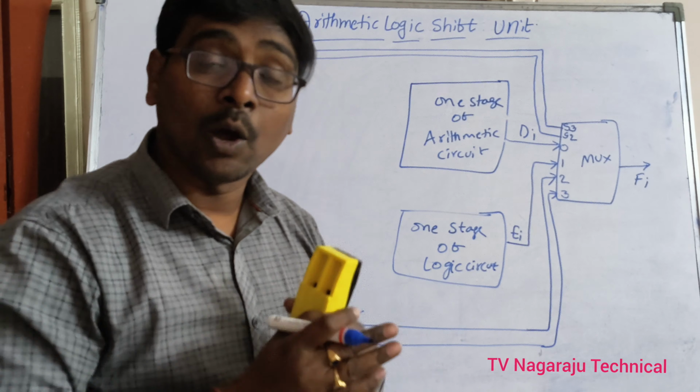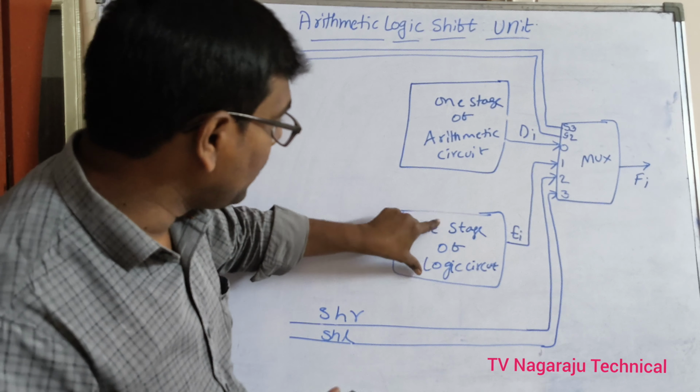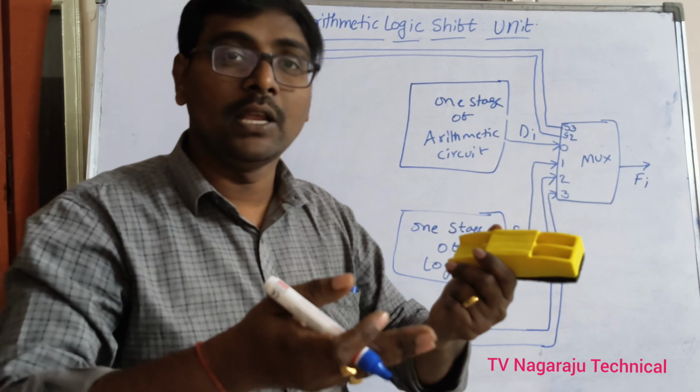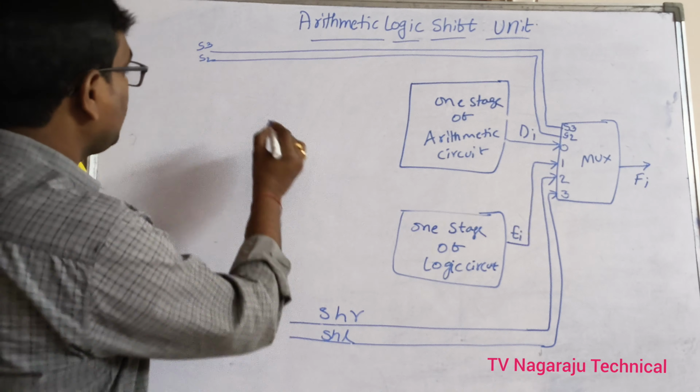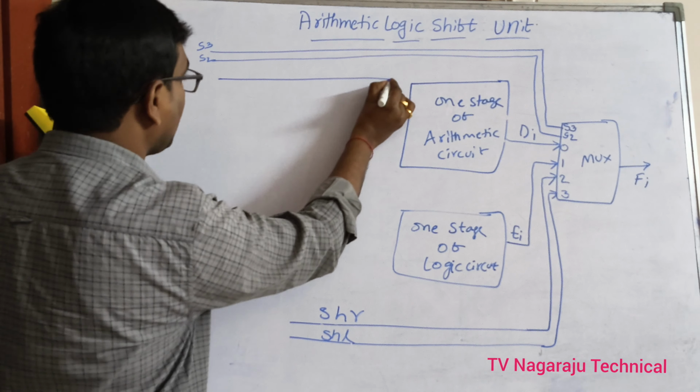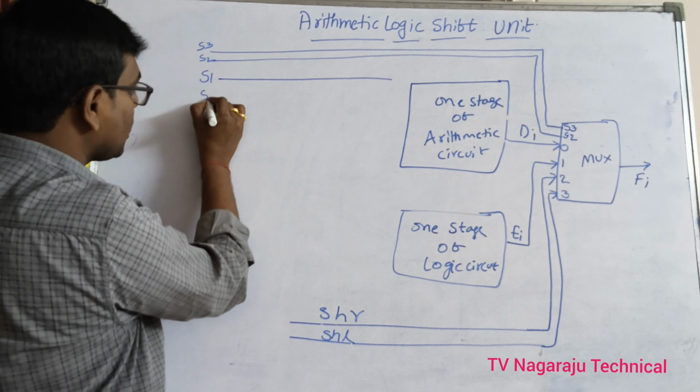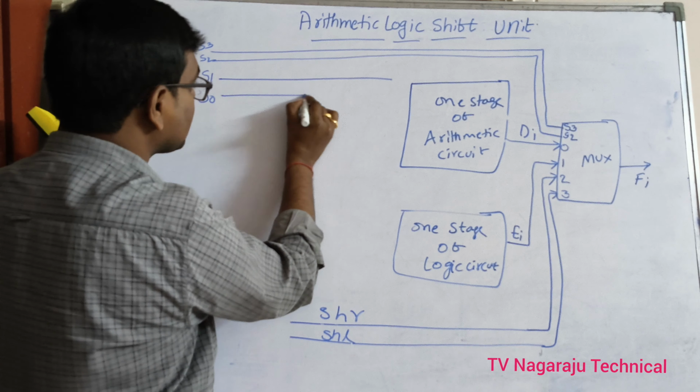Okay, fine. Now, if you are moving to arithmetic and logic, again multiple operations are there. For that, what are we using? Here I am using 2 more selection lines, S1 and S0.